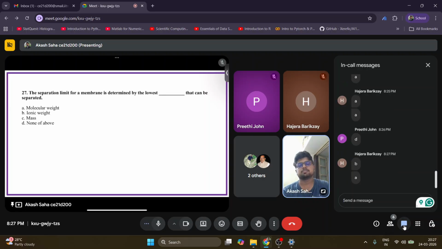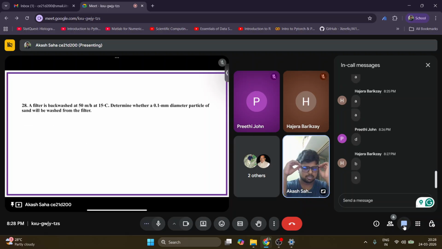So the answer is molecular weight. Membranes we generally define not in terms of pore size, we define in terms of molecular weight cutoff. MWCO, molecular weight cutoff. Whether it's 100 kilodalton, 1000 kilodalton, or 10 kilodalton, we decide the separation limit as per molecular weight cutoff.